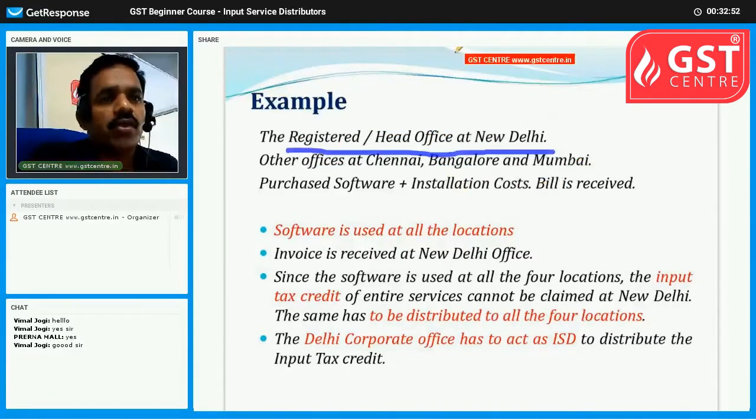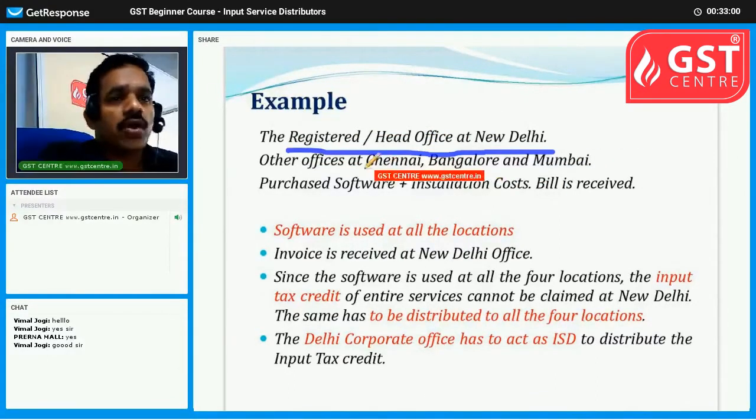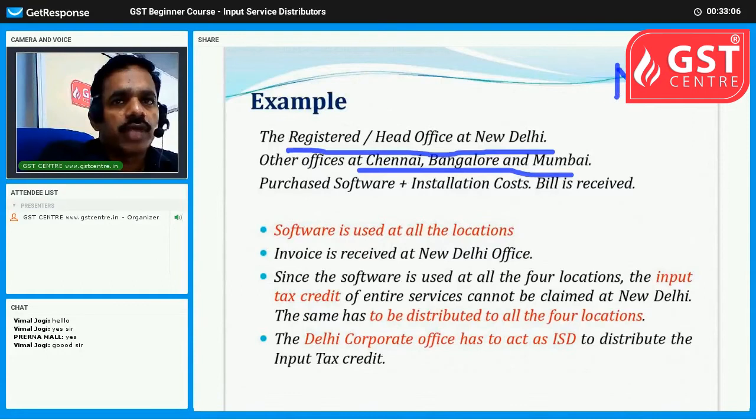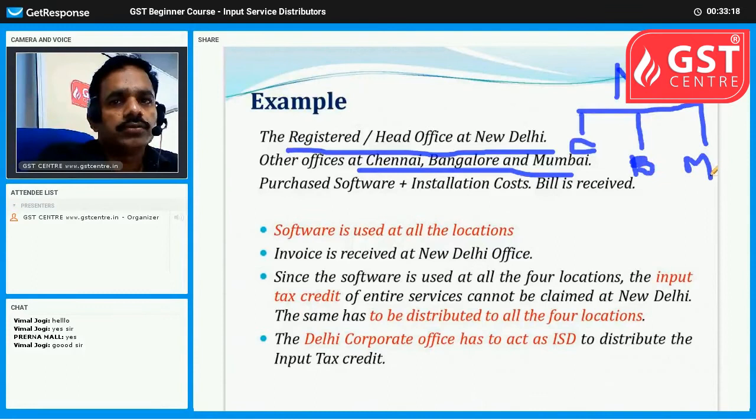The registered or head office of a company is at New Delhi. The other offices are at Chennai, Bangalore. The head office is at New Delhi. Under that, there are 3 offices, that is Chennai, Bangalore and Mumbai. So this is a big organization, means they have 4 offices.